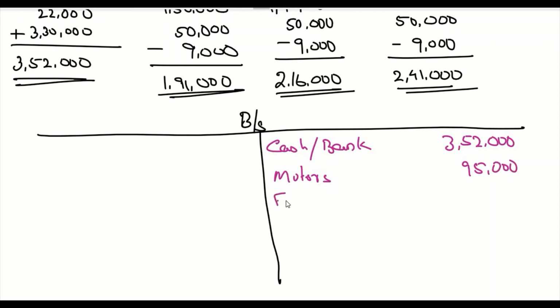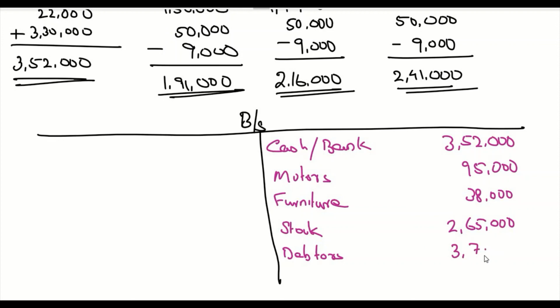There is an adjustment on furniture, which is going to be 38,000. Stock, there is no change, 2,65,000. Debtors, there is no change, 3,78,000. Liabilities, there is no change, it is 3 lakhs.